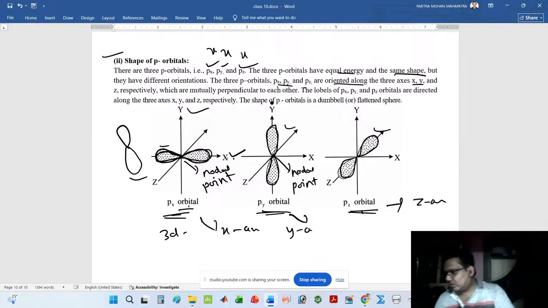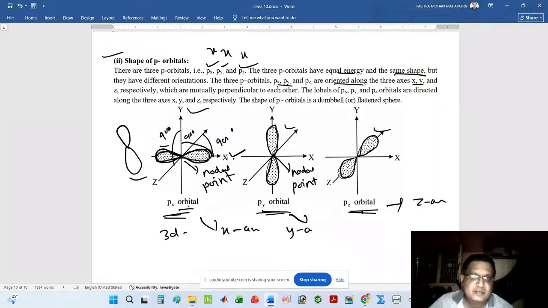I am trying to show it in the diagram. Actually, the angle between the x-axis and y-axis is 90. Think about the z-axis and x-axis. This is also 90. Next, think about the y-axis and z-axis. This is also 90. Clear? They are mutually perpendicular to each other.